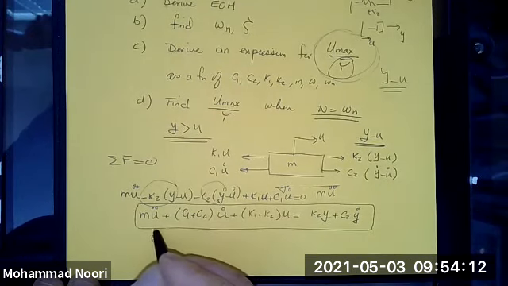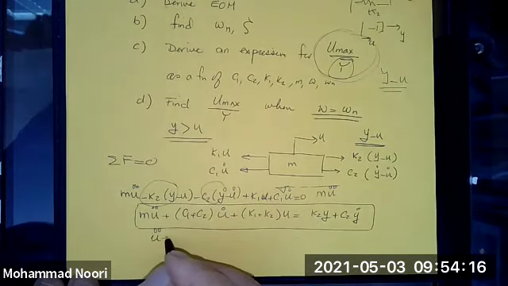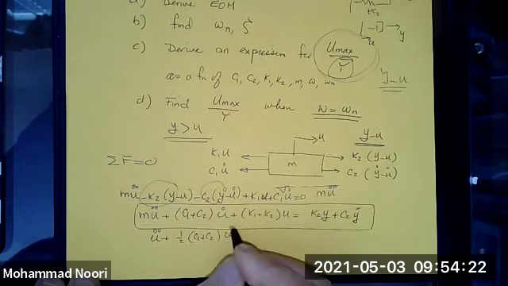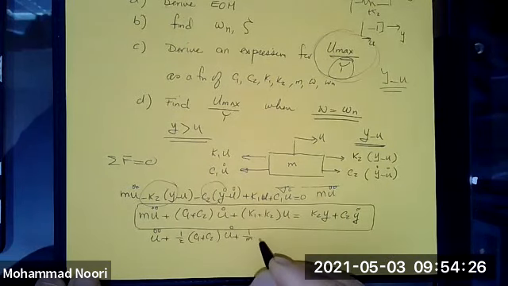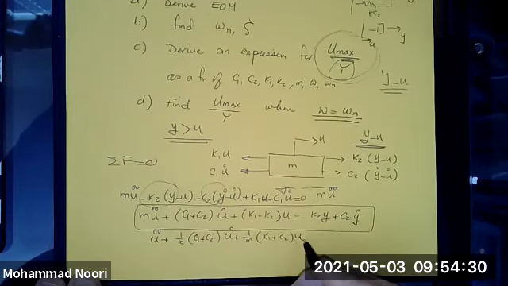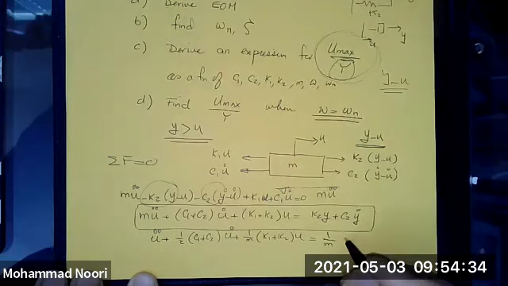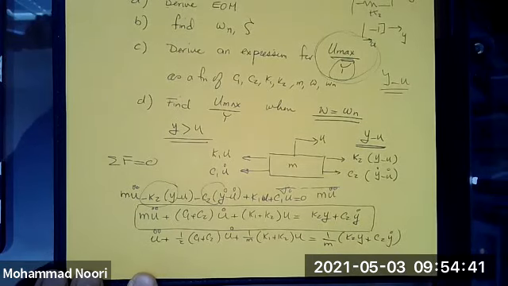So this becomes u double dot plus 1 over m times C1 plus C2 times u dot plus 1 over m times K1 plus K2 times u, and the right-hand side becomes 1 over m times K2 y plus C2 y dot.